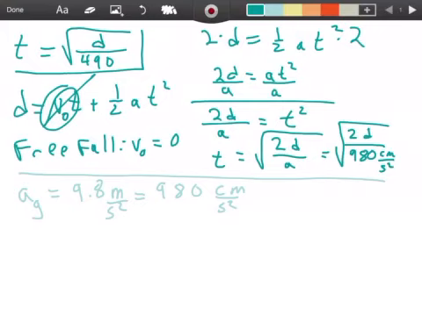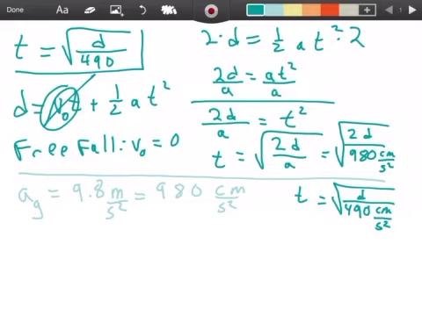Now 2 does divide 980, and 980 divided by 2 is precisely 490. And with units, 2d over 980 centimeters per second squared becomes d over 490 centimeters per second squared.